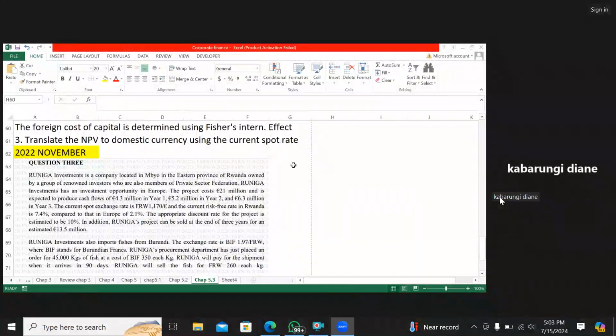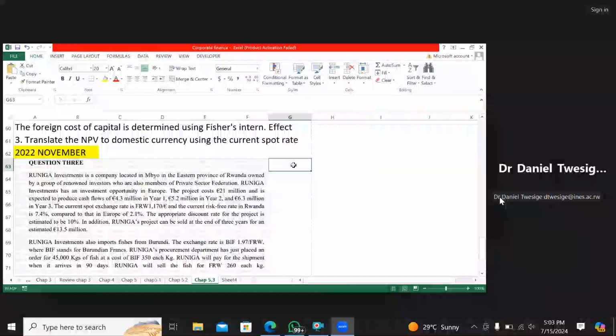So yesterday we were discussing international investment, and we said there are three important aspects that we talked about. One, we must translate our currency into the domestic currency if you are evaluating a project outside. Two, you must look at tax, whether there is a double tax agreement or not.